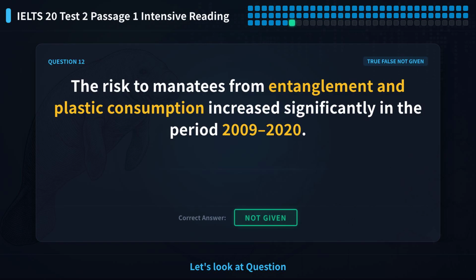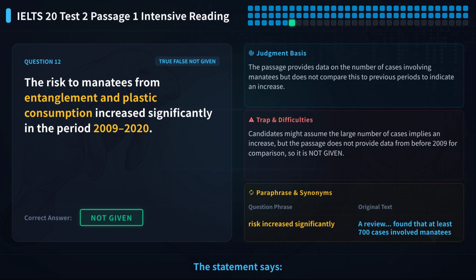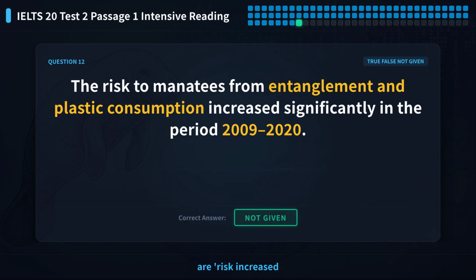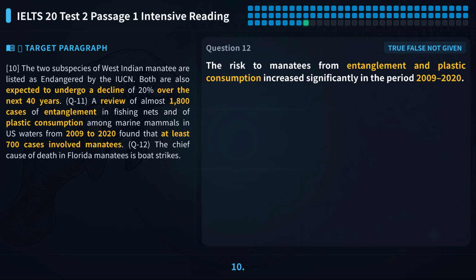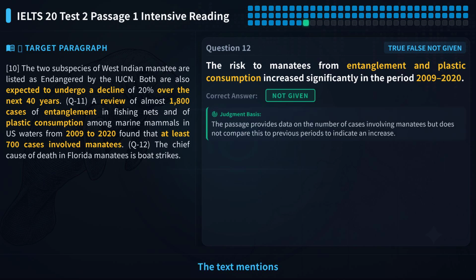Let's look at question 12. The statement says, the risk to manatees from entanglement and plastic consumption increased significantly in the period 2009 to 2020. The key clue words are risk increased significantly and 2009 to 2020. We locate paragraph 10. The text mentions a review of cases from 2009 to 2020, finding at least 700 cases involved manatees.